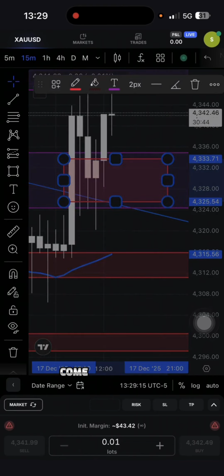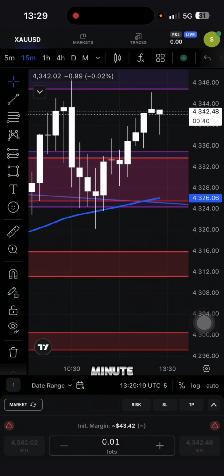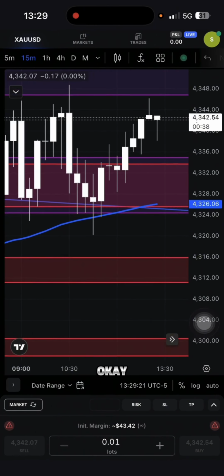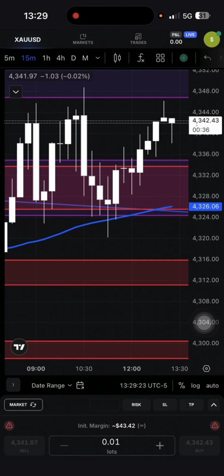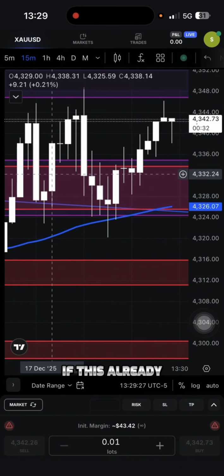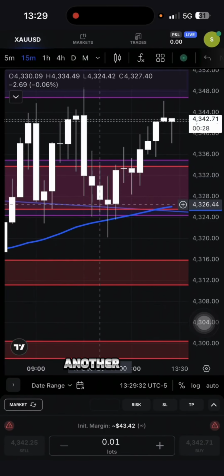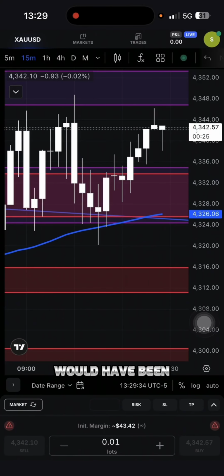If we come down to the 15 minute, I usually take my trades off the 15 minute. If this already happened, this was the push, and I didn't see this, another good opportunity would have been this.